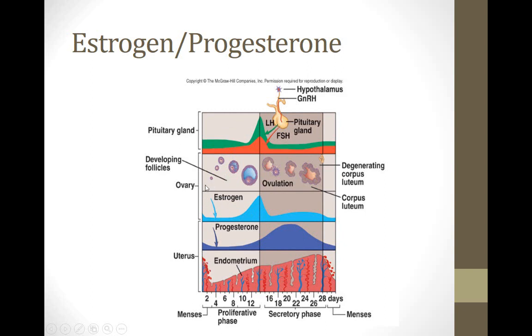So right after the menses, the egg has been chosen to go on to mature, and we have this graafian or mature follicle. When we see this, it's ready to be ovulated, and that's exactly what happens at around day 14 right here. We see ovulation taking place at day 14. What's causing that to happen? Well, it's the spike in luteinizing hormone.